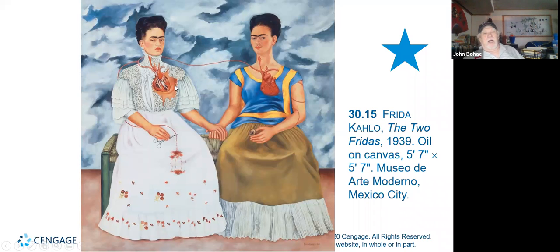And so this is about a blood transfusion, and it's about the bride, the wife of a famous artist. And here is the other, the real Frida, and you see they're sharing the same blood.